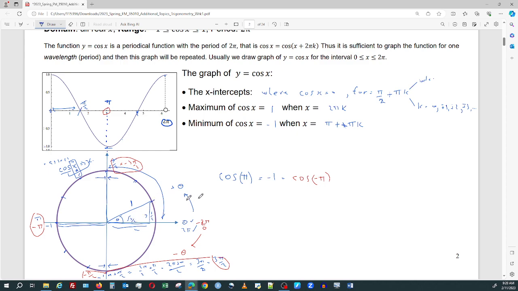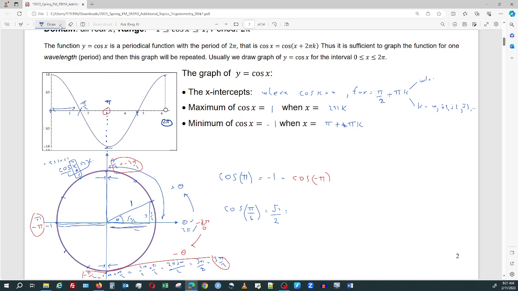So cos 30 degrees has the bigger denominator, so that's cos pi on 6. It's asking for the length at pi on 6, which is this length here, equal to √3 on 2. That's our cos or x value at that point.